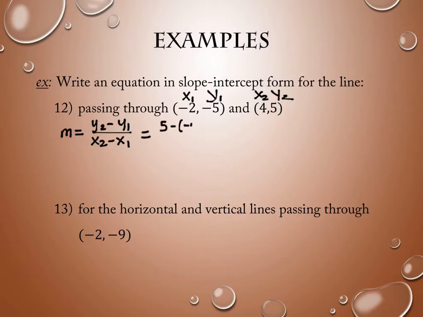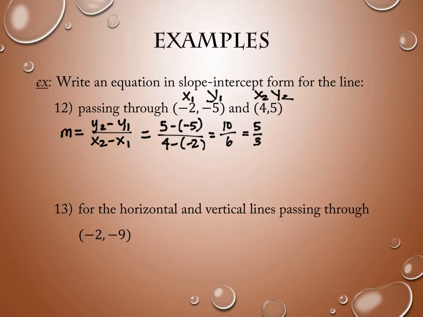Okay, good. 5 minus -5 on top, and on bottom? 4 minus -2. So what do I get on top? 10, and on bottom? Not 8, but good try. 6 will work. And how will that reduce? By 2. So I've got 5/3, right? 5/3.